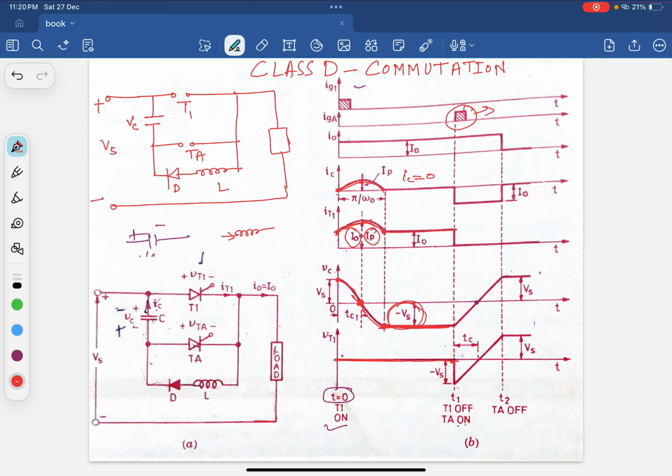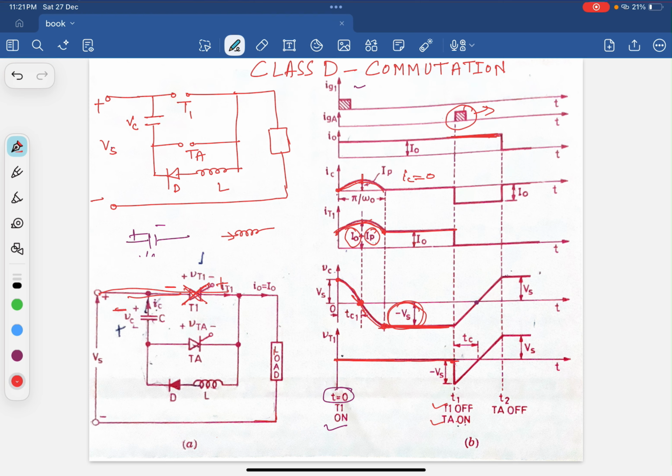There is a negative polarity across the thyristor T1 and positive here, so this thyristor gets turned off. Thyristor T1 gets turned off as soon as the auxiliary thyristor TA is triggered. And we can see the load current is still constant, because it passes here, almost constant at that point of time.